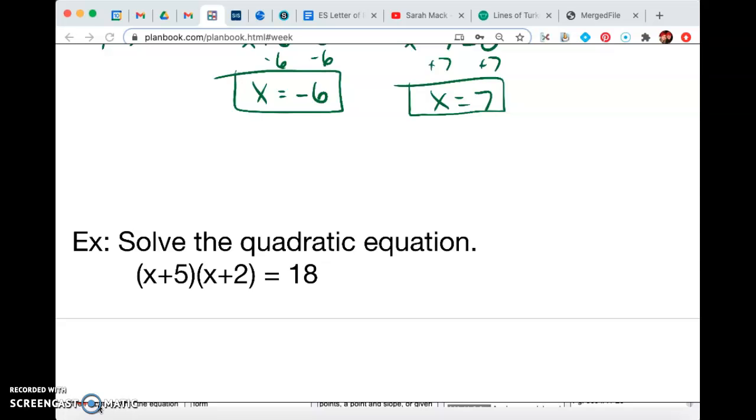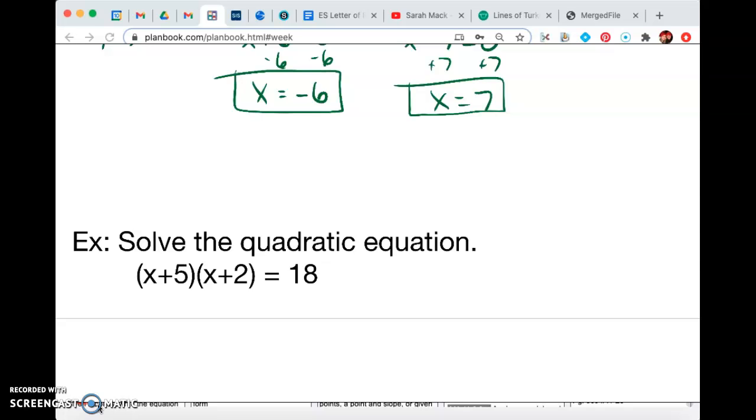Okay. So we want to solve this quadratic equation. Looks a little different. We want to find the x values that make this true. We could guess and check, or we could solve it by factoring like we did before. What's different about this one than the other one?